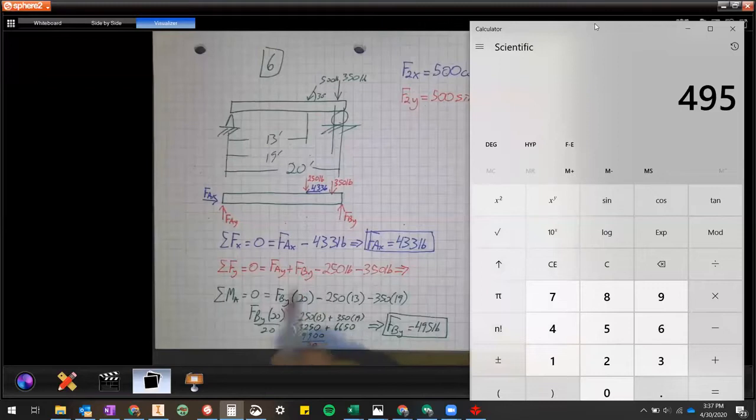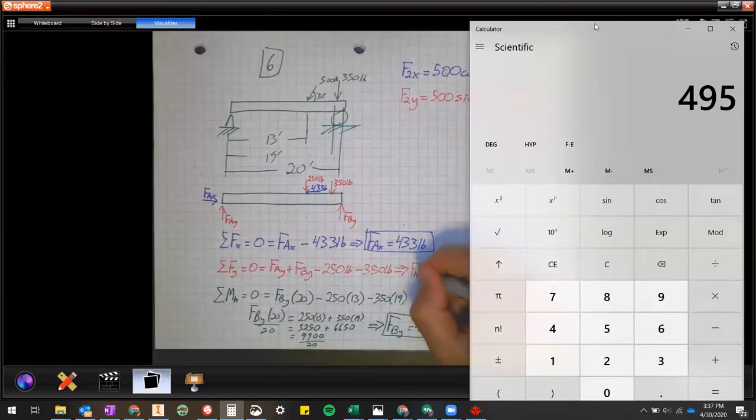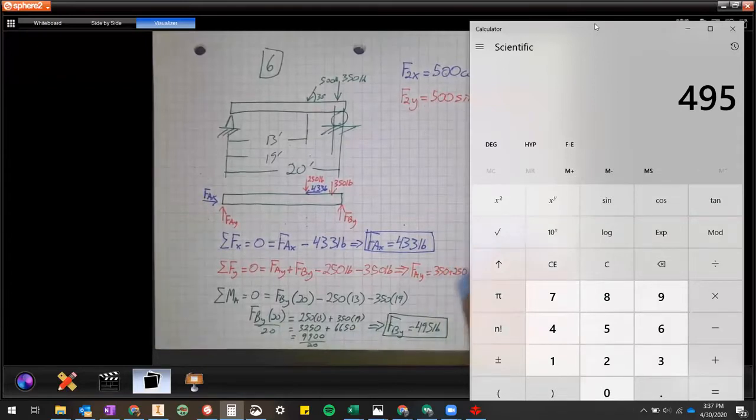If I were to do this, I would have FAY is equal to 350 plus 250 minus 495, because this all would move to the side of the equation that has 0 on it.